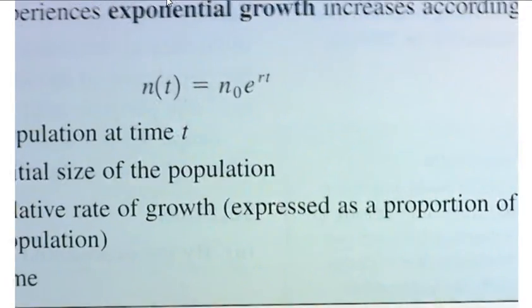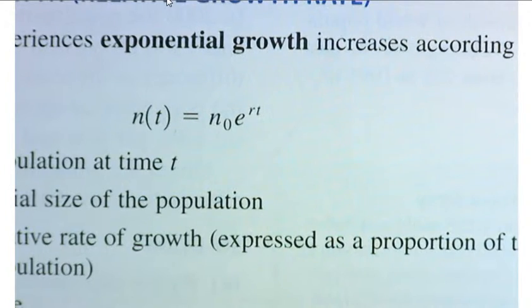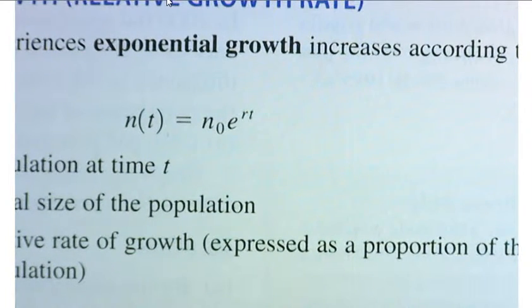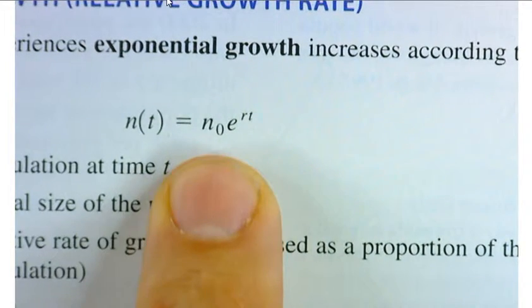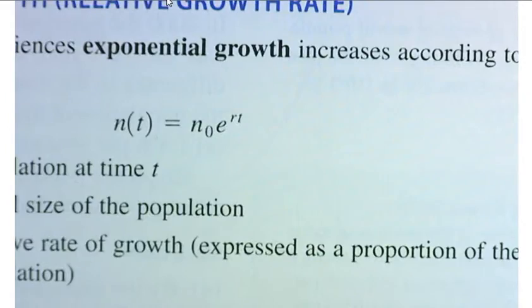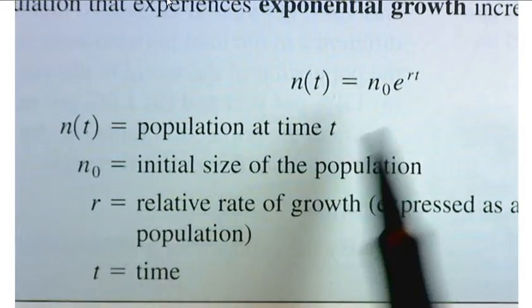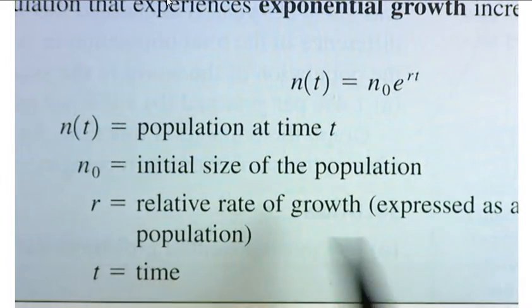Now, does this formula look familiar here? Let me zoom in a little bit. Does that formula look familiar? It's pretty much exactly your continuous interest. Yeah, so it's the same formula. You got the same kind of things. You got an initial population. Instead of a percentage interest, you have a relative growth rate.